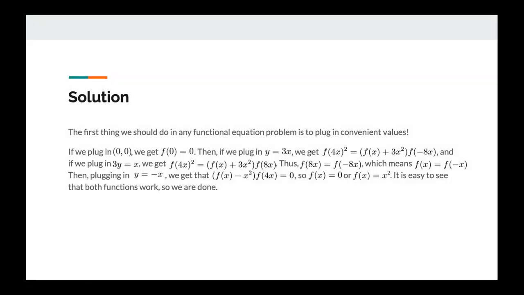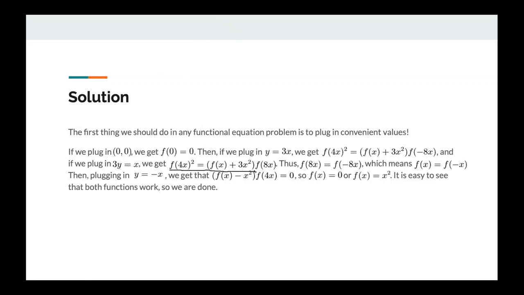So we plug in y equals 3x, and we find that it is some very complicated mess, and we don't like that. But if we similarly plug in 3y equals x, for the same reason, we want to cancel out the first term this time instead of the second term, we get a very, very similar expression.